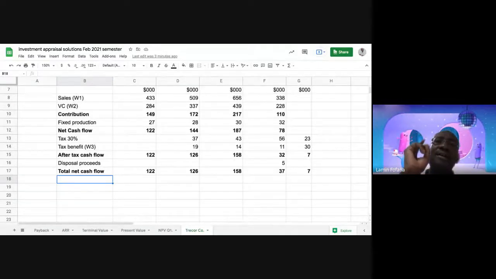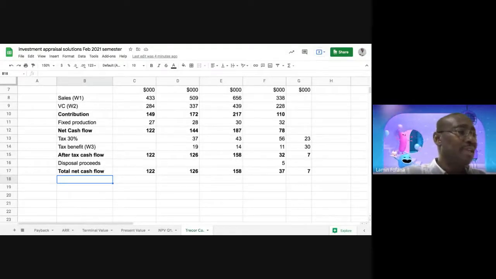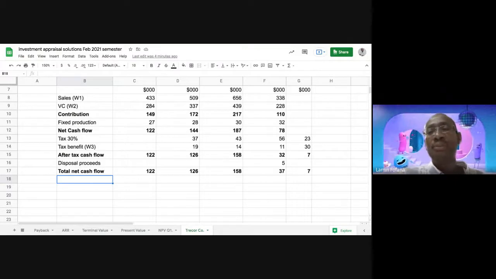The relationship between nominal rate, real rate, and inflation rate was coined by a mathematician called Irving Fisher. The formula is called the Fisher effect. So we need to use the Fisher effect to calculate our nominal rate.